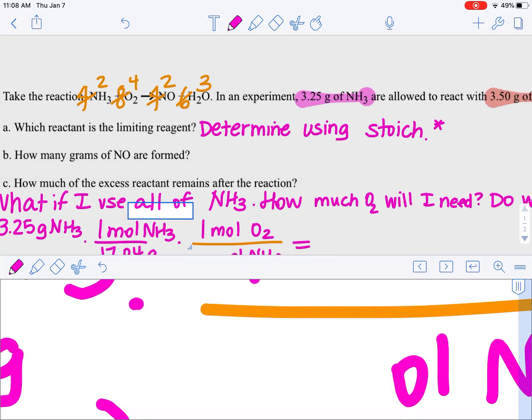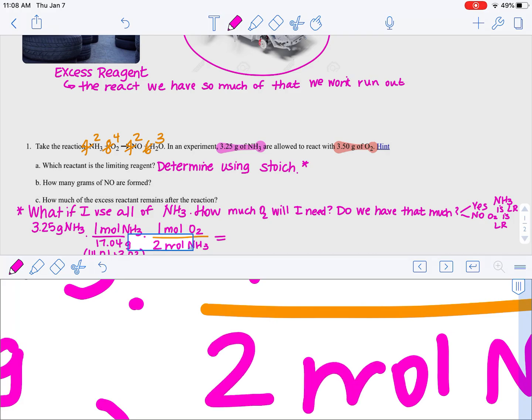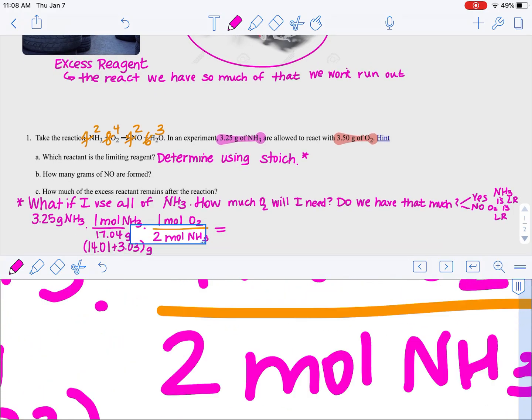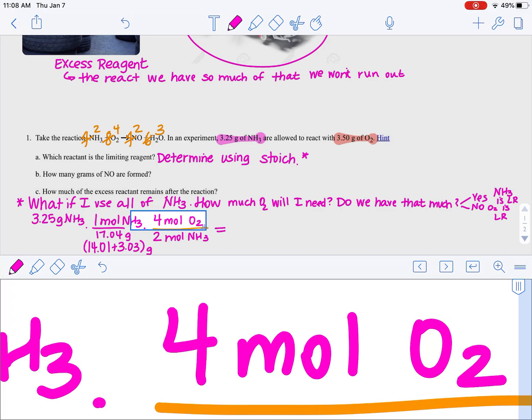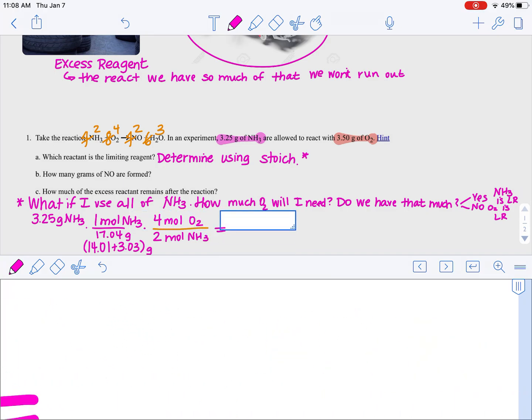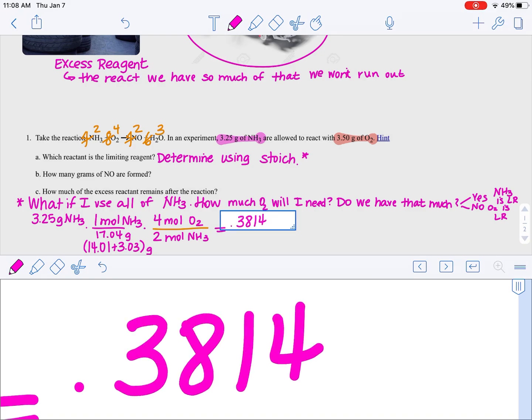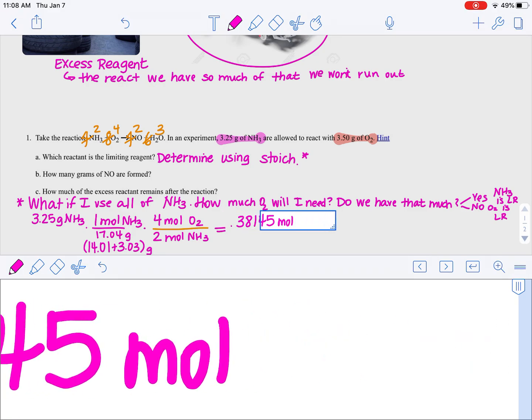So we have 2 moles of NH3 for every 4 moles of oxygen. Doing the math, I get 0.38145 moles of oxygen.